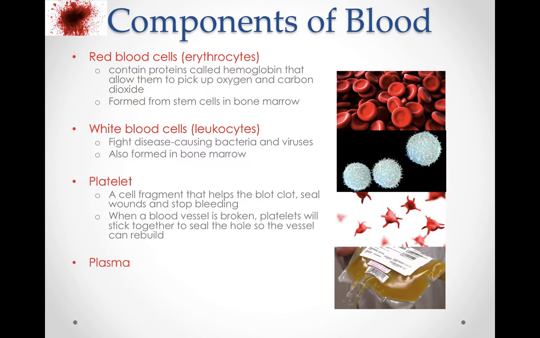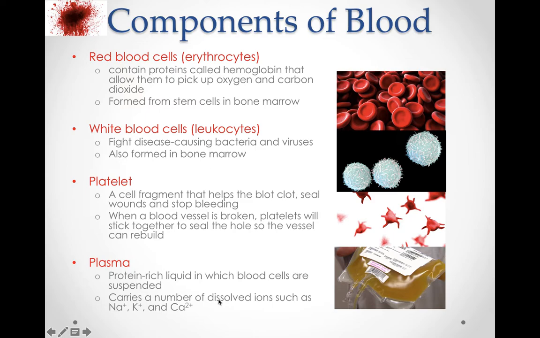And the last component is plasma, and that is the actual liquid part. It's a protein-rich liquid that all these cells and other parts are suspended in. There are lots of important dissolved ions in the plasma, such as sodium, potassium, and calcium.